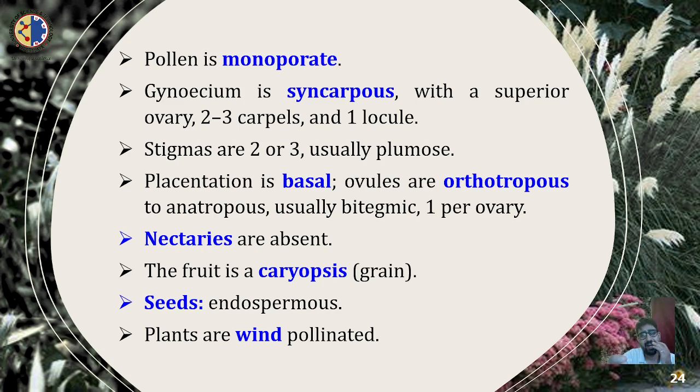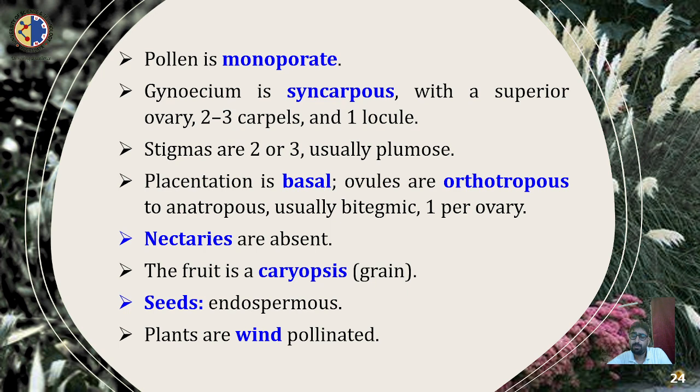Their generative cell and tube cell will be liberated from the pollen grain only at one particular position, that is the one opening. The gynoecium is syncarpous, meaning fused gynoecium with superior ovary. Stigmas are two or sometimes three, which are feathery. Placentation is basal, and the ovule is orthotropous to anatropous.